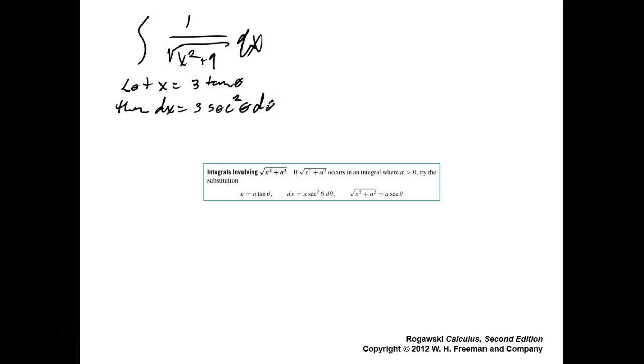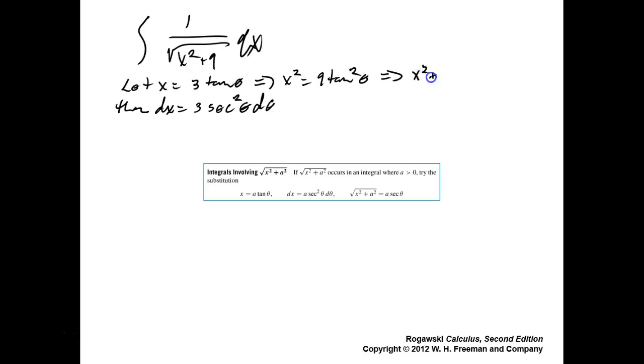Don't forget the d theta. We're not really interested too much in what x is. We're interested in what x squared is. So what's x squared? 9 tangent squared theta.